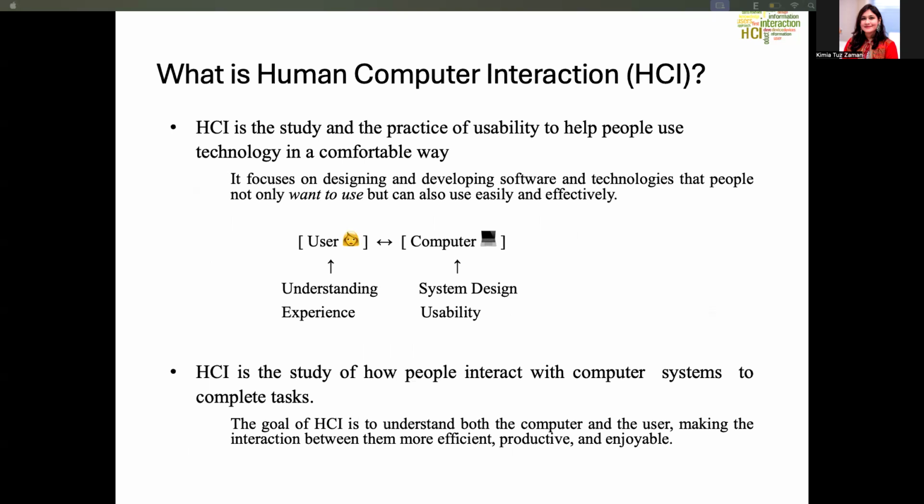HCI is basically the study of how humans and computers interact, but not just at a surface level. It's about making that interaction usable, effective, and even enjoyable. Think of it like designing a conversation.